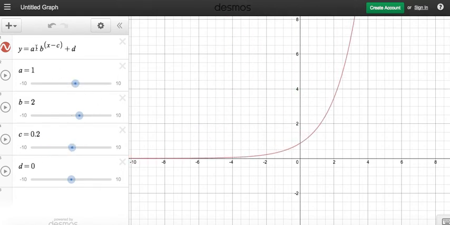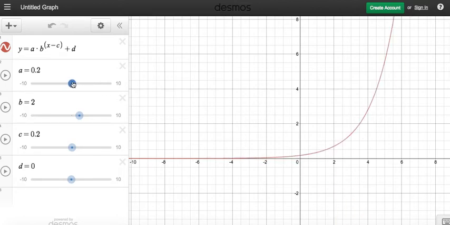And the last one is the a, so this is where you're multiplying your function. If I keep it positive to start with, I can see this time it is changing the steepness because I'm making it an even bigger number. The other thing I want to do is make this negative one, and we'll see the change. I can see it's flipped over the x-axis.